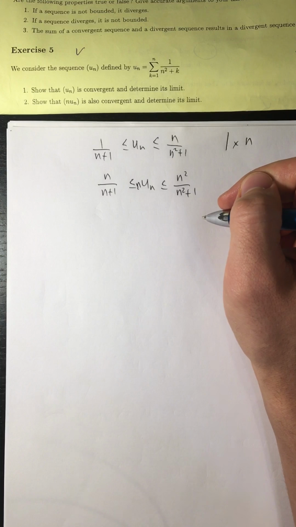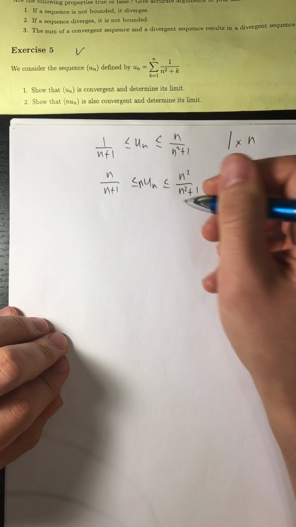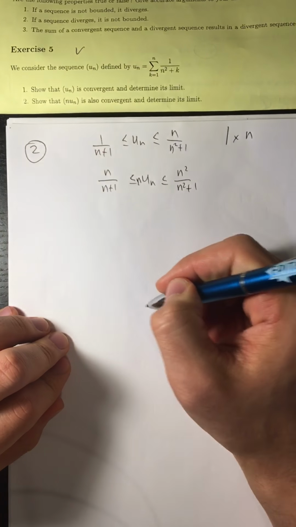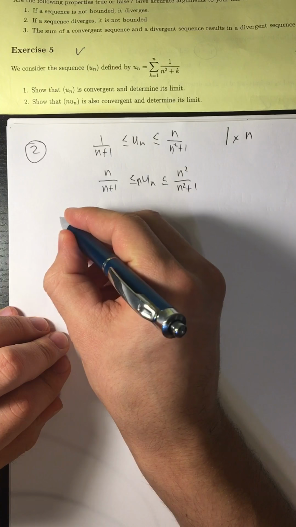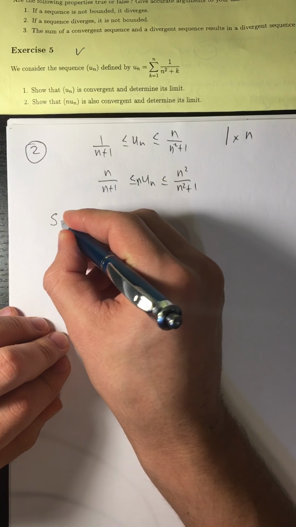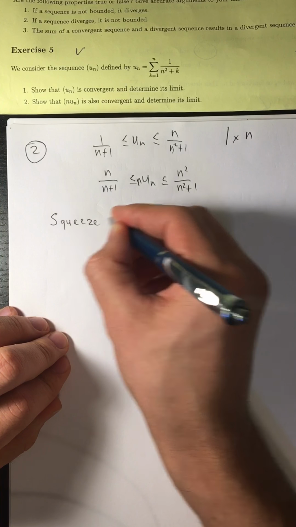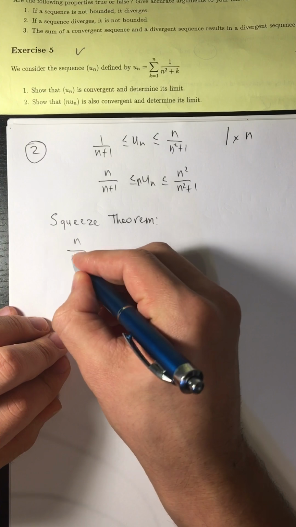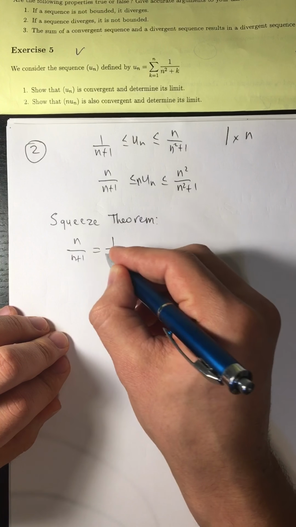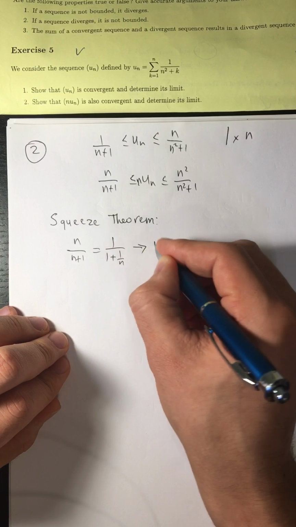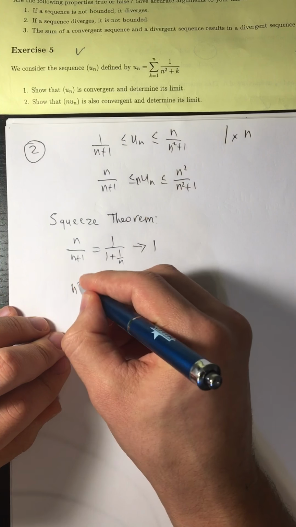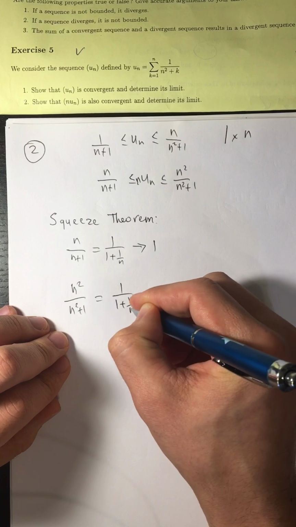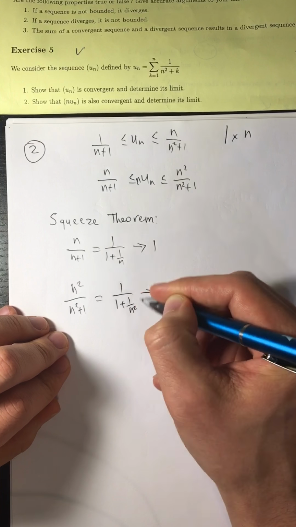Okay, and now here again we use the squeeze theorem, so it's number 2, squeeze theorem. Based on n over n plus 1, you can write this as 1 over 1 plus 1 over n, this goes to 1, and this one, n squared divided by n squared plus 1, also goes to 1.